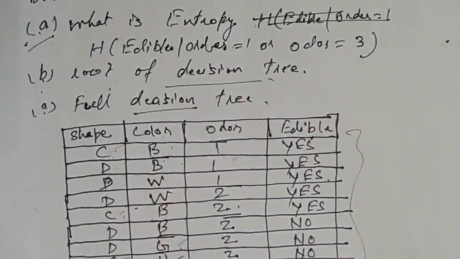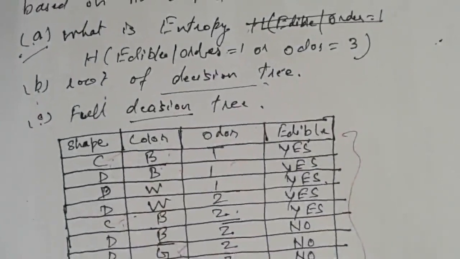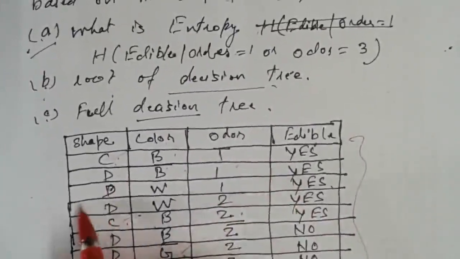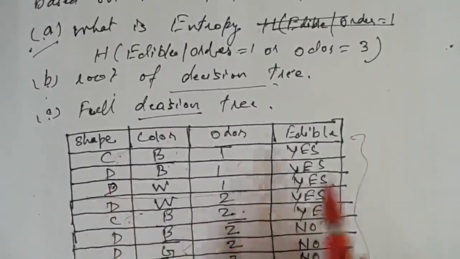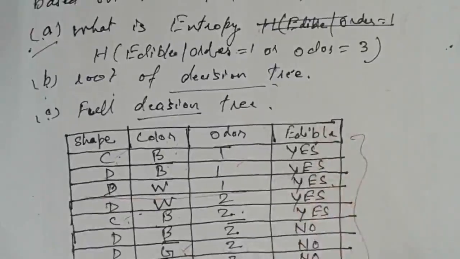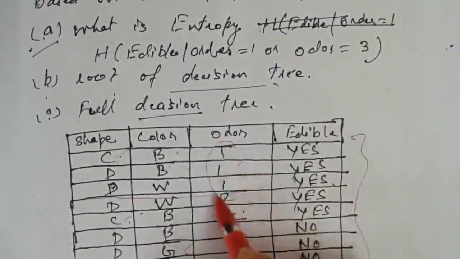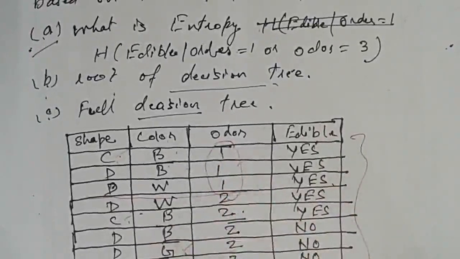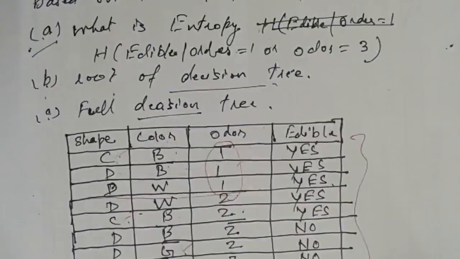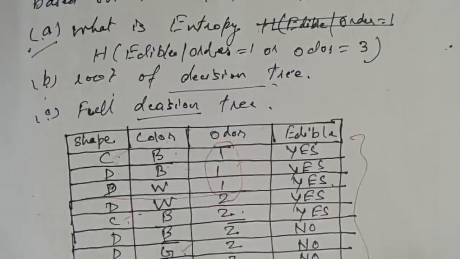So if we take the decision that the order is 1, we have these 3, and if we take order 3, then we have these 3 rows.